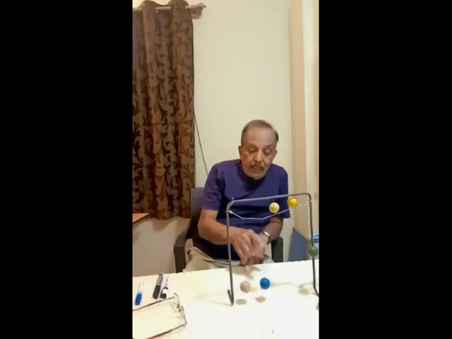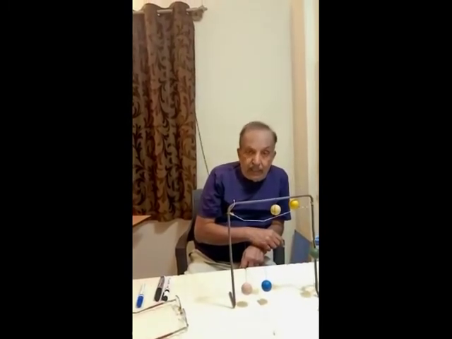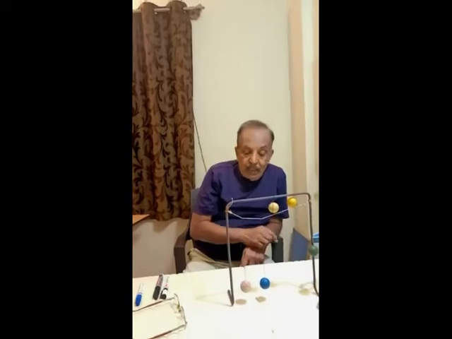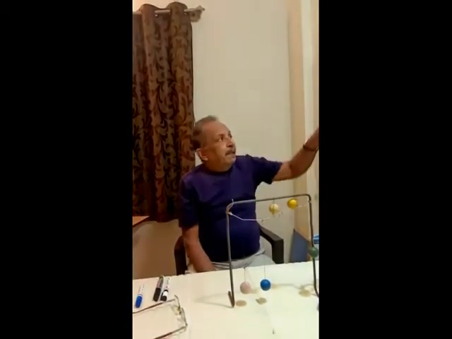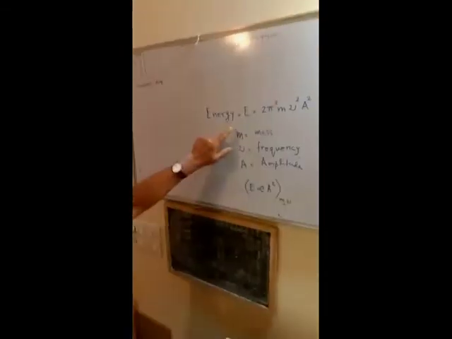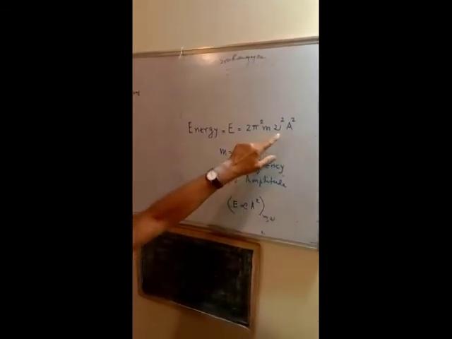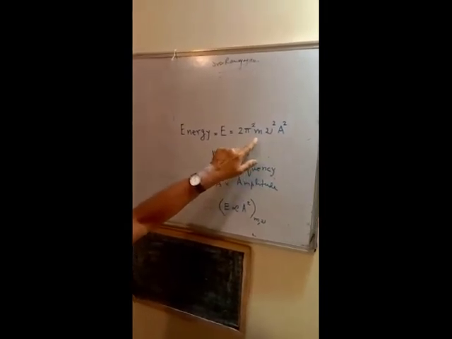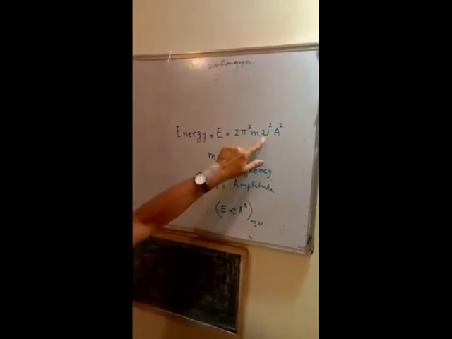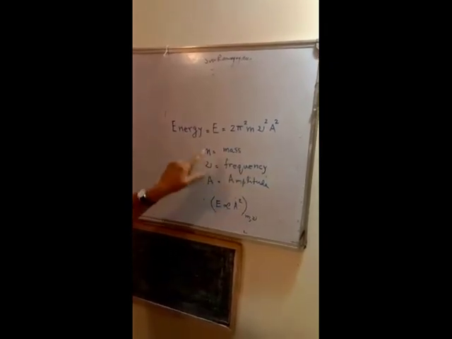Now, the energy of an oscillating body like this, any harmonic oscillator, is given by the formula E = 2π²mν²a². M refers to the mass, ν refers to the frequency, and a refers to the amplitude.